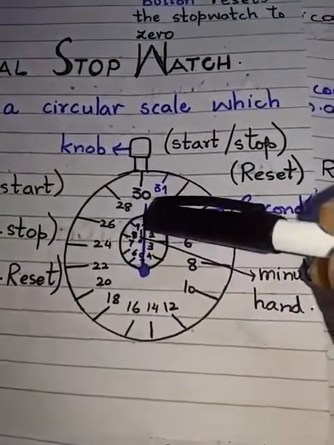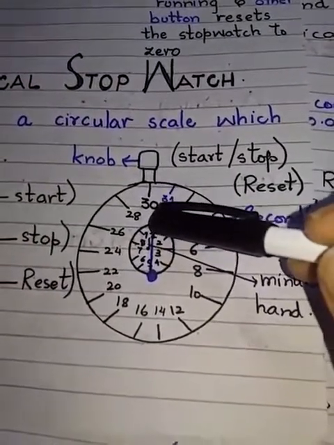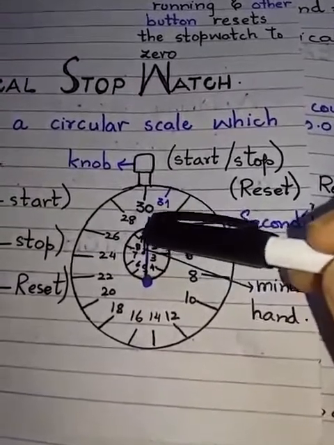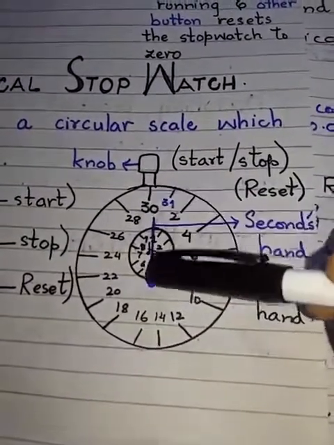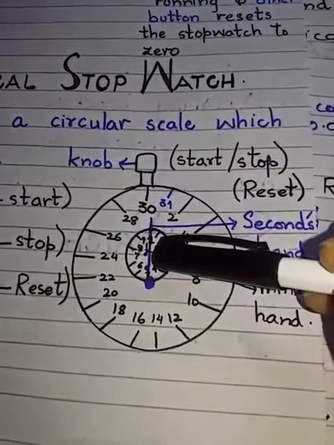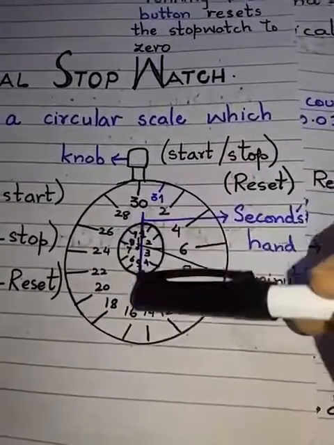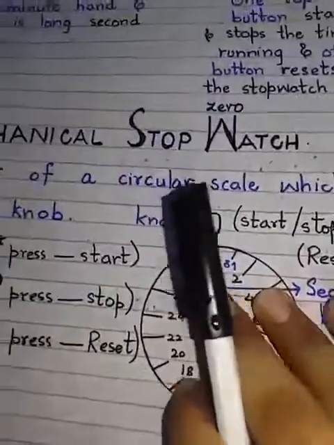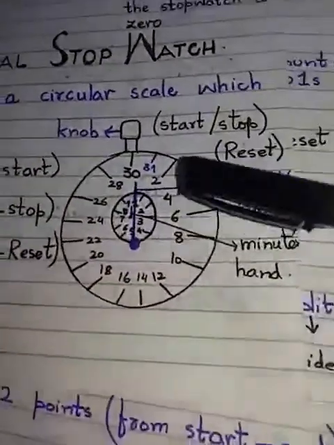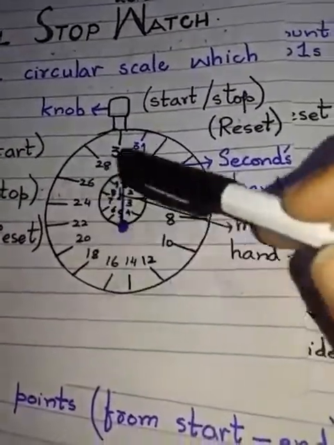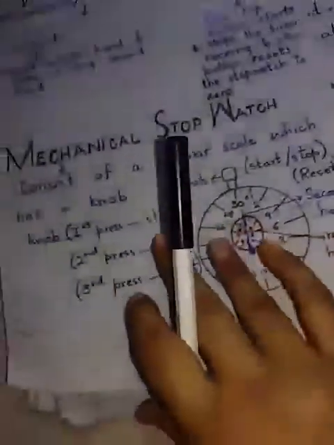When it completes four rotations, the time period will be 2 minutes. When it completes six rotations, the time period will be 3 minutes. So it means two rotations of the second hand are equal to 1 minute.